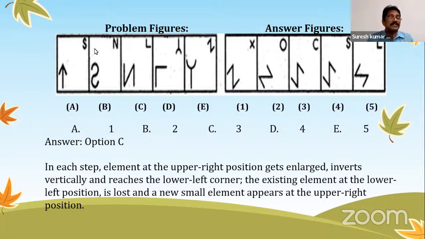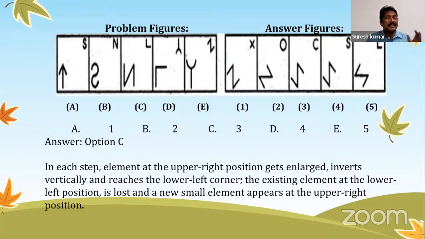So observe this one. So it's very clear. The letter which is in the upper right position is inverted first. S is inverted here, and it seems to be like, correct? It seems to move into the left corner position, and it was enlarged.